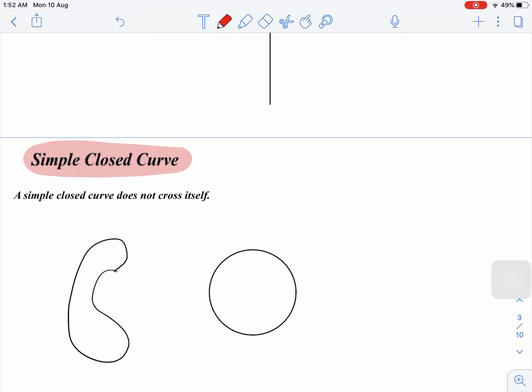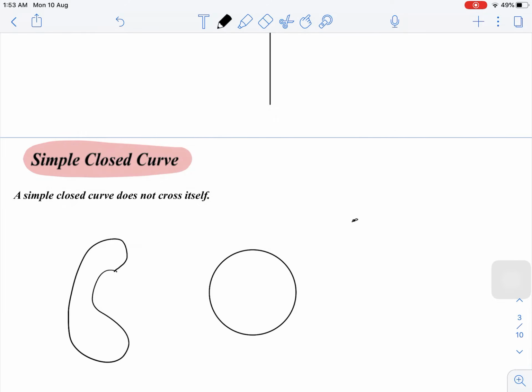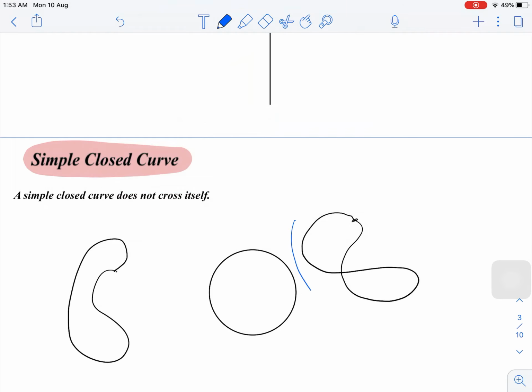Cross means, suppose if I start from this point, I go in this way and then I cross and come over here. So now this is a closed curve. Why?